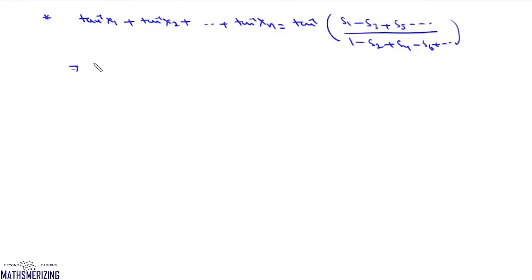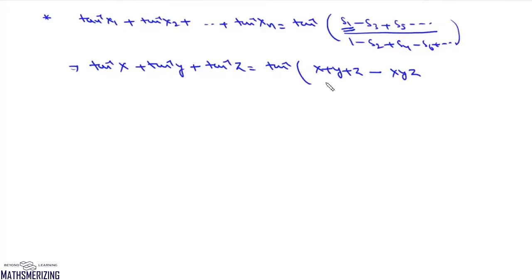So from here we can write formula for tan inverse x plus tan inverse y plus tan inverse z, and it'll be tan inverse. Now what is S1? S1 is sum of all the values. So it'll be x plus y plus z minus S3. S3 is product of all three, and then 1 minus S2.